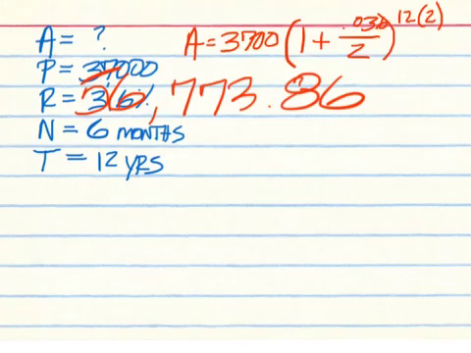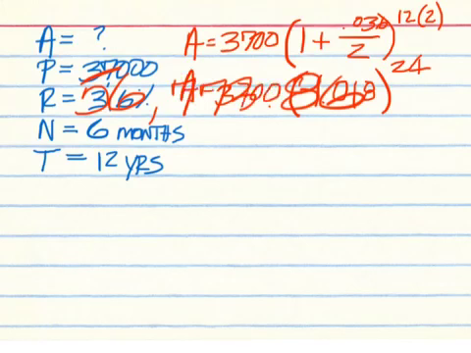So the first thing we're going to do is the inside of the problem. So it'll be 0.036 divided by 2 and then plus 1. That comes out to be 1.018, and that's to the 24th power. That's what we do next.